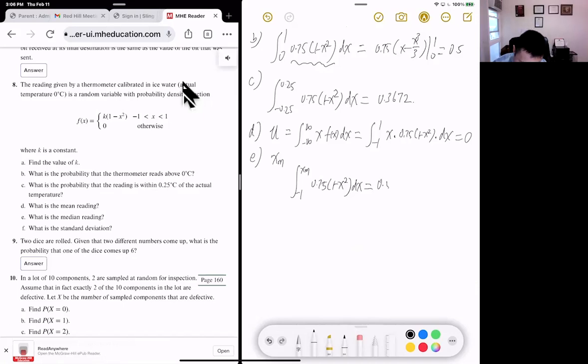That's the definition of median. The only unknown is xm. Solving the integral from -1 to xm equal to 0.5, xm turned out to be 0. So the median is 0.